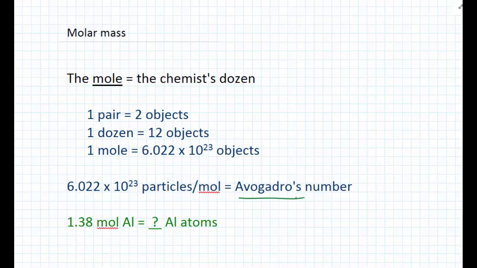And all that means is that there are 6.022 times 10 to the 23rd particles per 1 mole of something. We could write that exact same thing for a dozen. We could say 12 particles per dozen, or 2 particles per pair, or Avogadro's number of particles per mole.